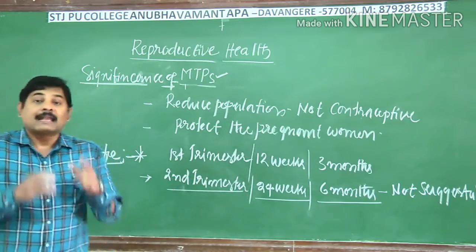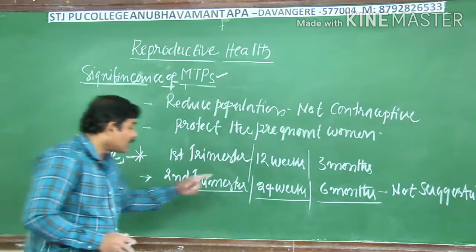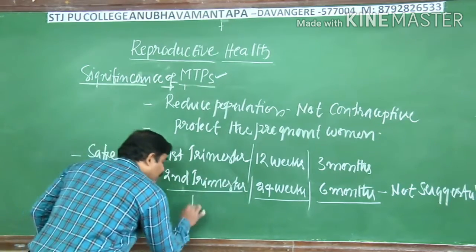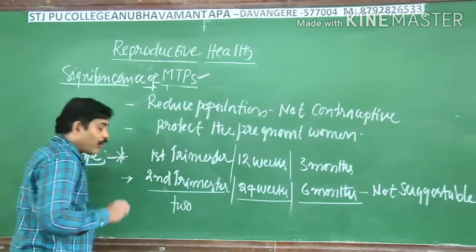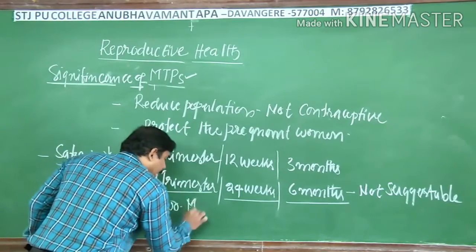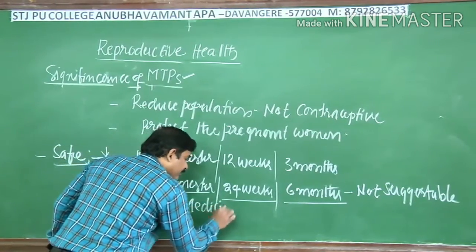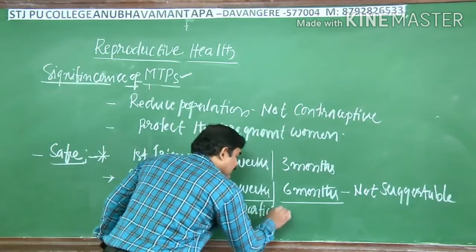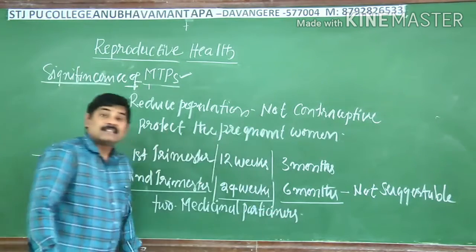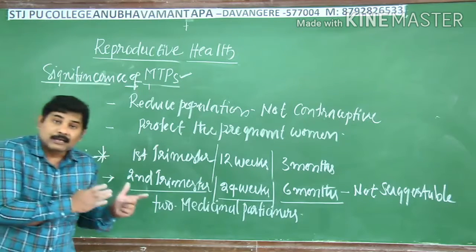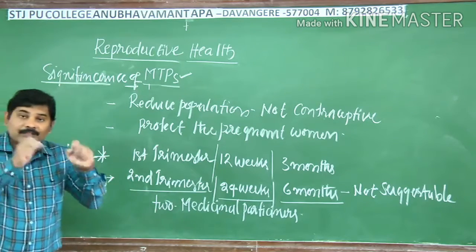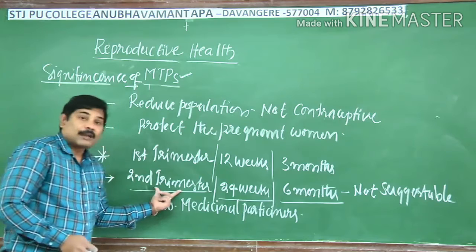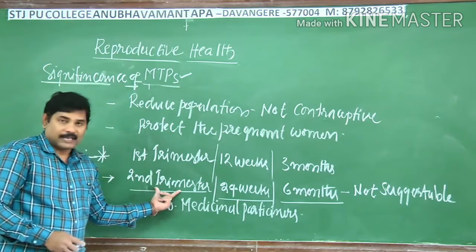And if you want to go beyond that, you need to take the opinion of 2 medical practitioners. Their opinion is required, and only under their guidance and supervision must the termination of the pregnancy be carried out.